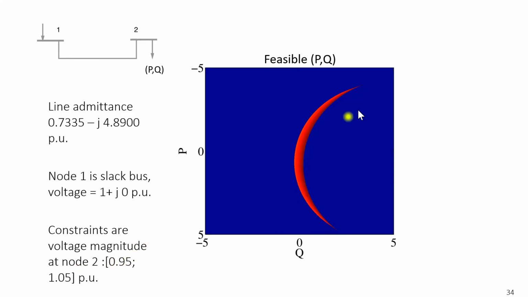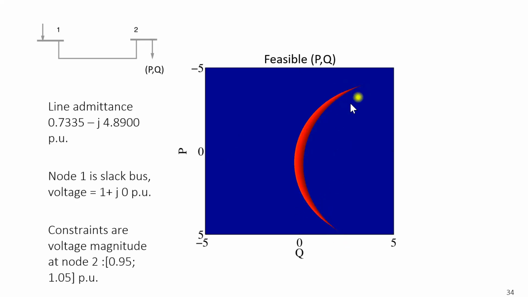Here are all the possible injections that we have for P and Q. In red are the possible values. So we see this is a non-convex area, and worse, it has these two points here. So for example, if I take a linear combination of P, if I want to maximize P, if I'm operating in this region, I will have a local maximum, which is here.